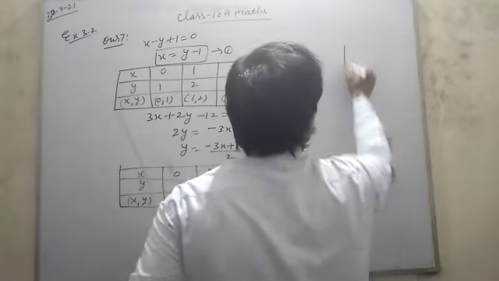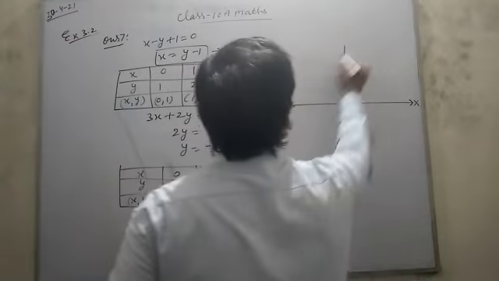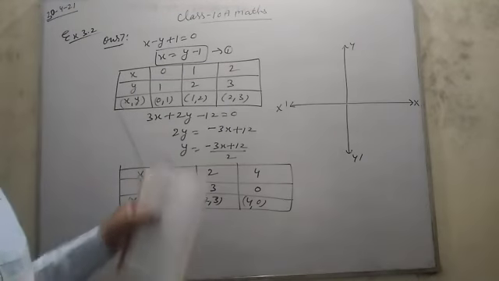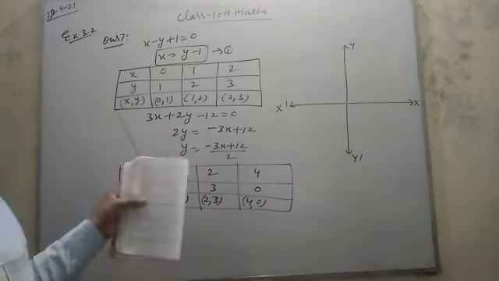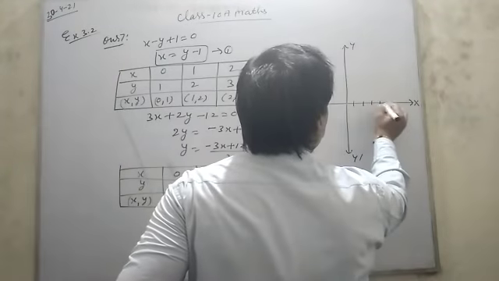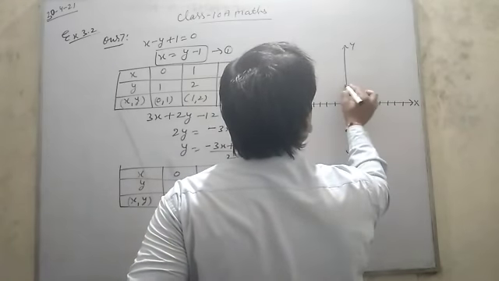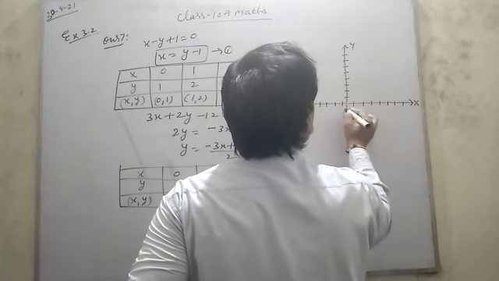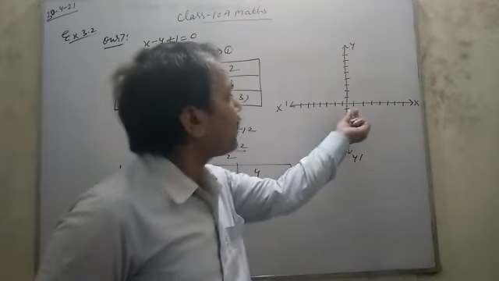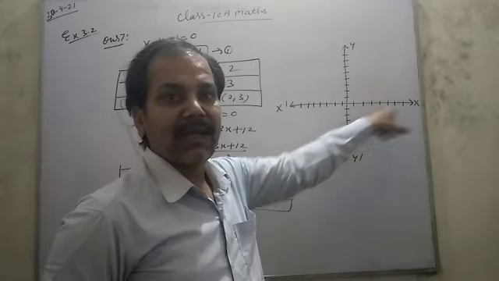So you draw on the graph paper first: x' and y'. The values are not big, so on both x and y axes you can take 1 unit for each division, 1, 2, 3, 4, 5, 6, 7, like that.